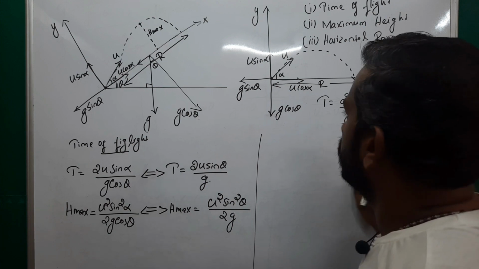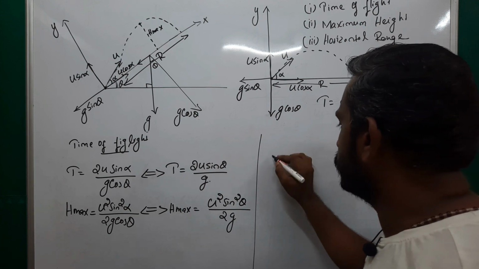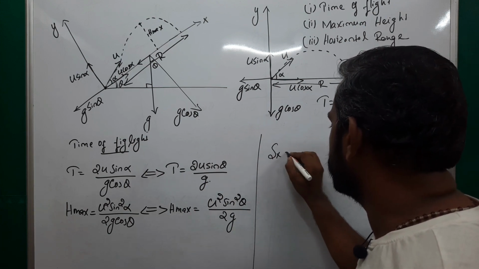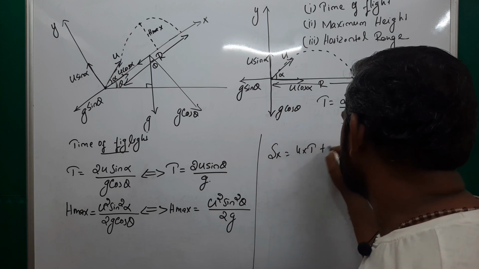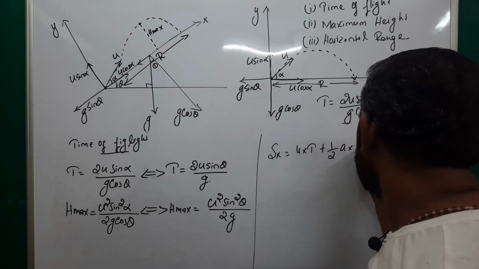So how to find the horizontal range? Using the equation Sx equal to uxt plus half ax t square.